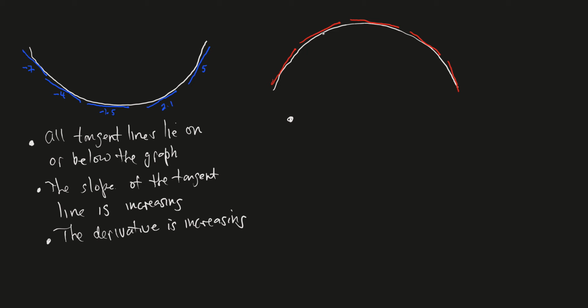Notice they either touch the curve or they're above the curve. So all tangent lines lie on or above the graph, right?